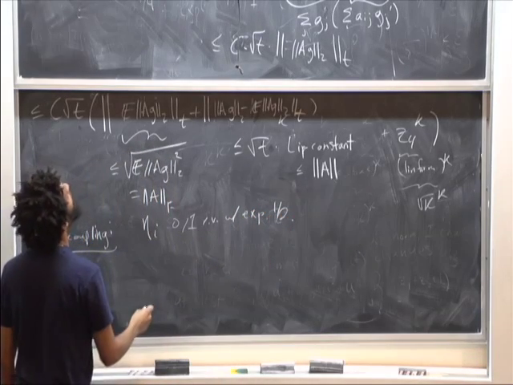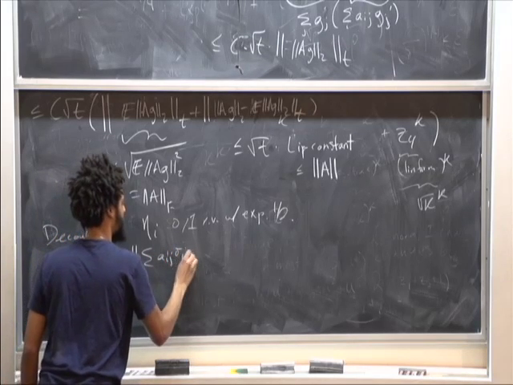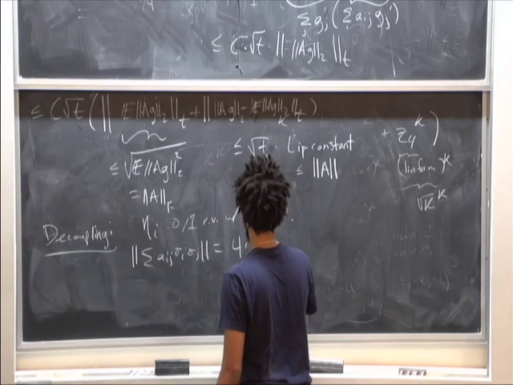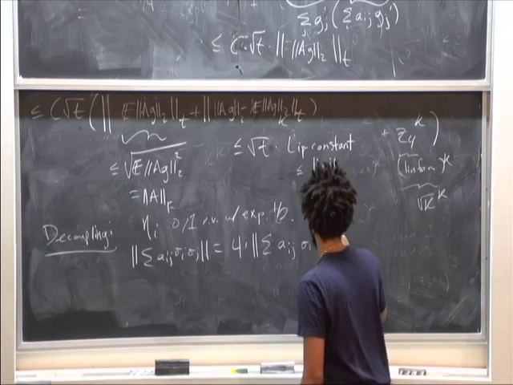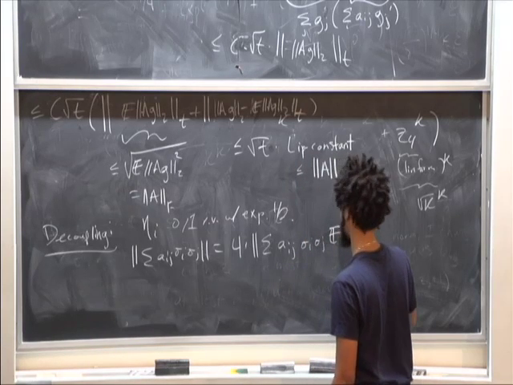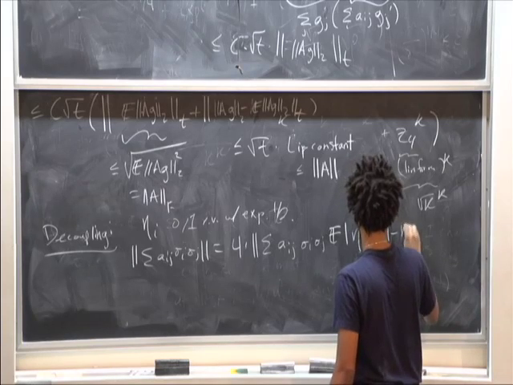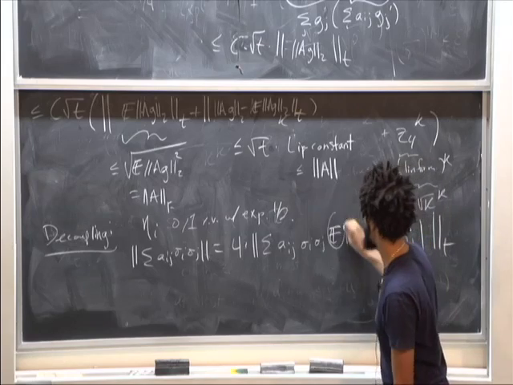Okay, and now the point is that the sum of aij sigma I sigma j is equal to 4 times the sum of aij sigma I sigma j times the expectation of the magnitude of eta I times the magnitude of 1 minus eta j. And then you use the same trick to pull this out.